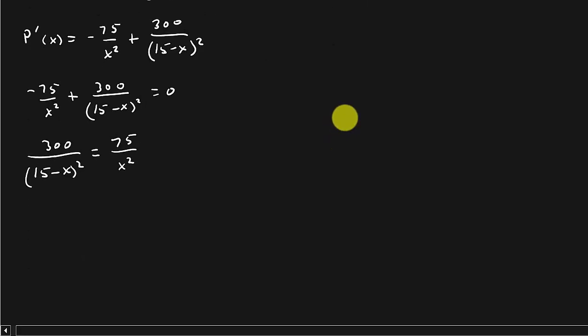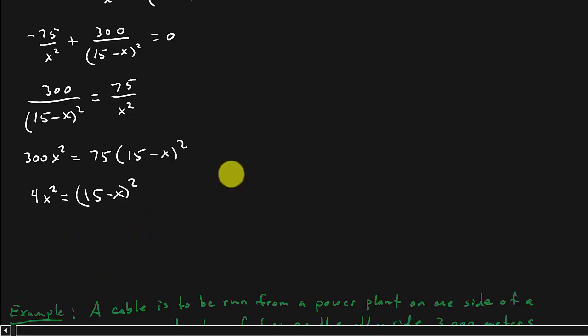So let's go ahead. We've got 300x squared equals 75 times (15 minus x) squared. If I divide both sides by 75, I get 4x squared equals (15 minus x) squared.